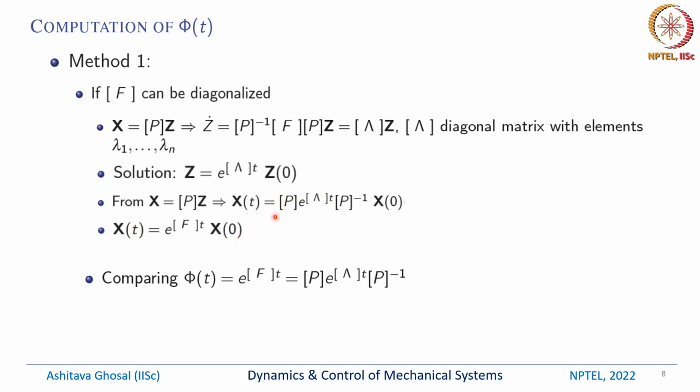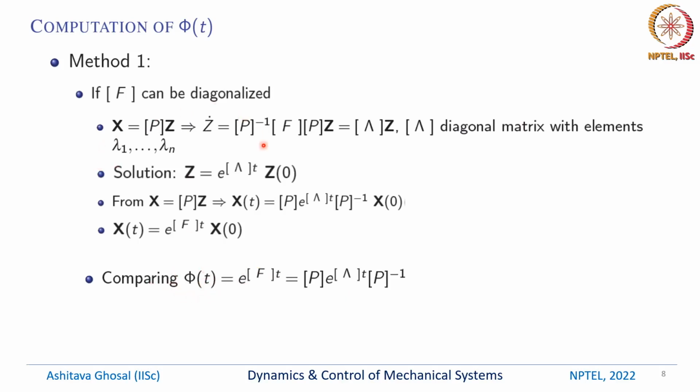So if you compare these two expressions, what you can see is e to the power Ft is nothing but P e to the power lambda t into P inverse. Okay, and what was e to the power Ft? This was the state transition matrix.